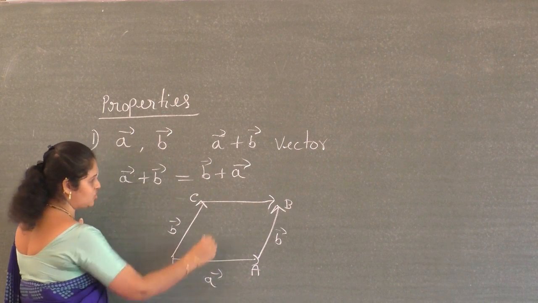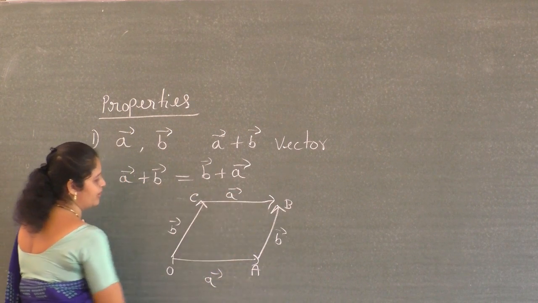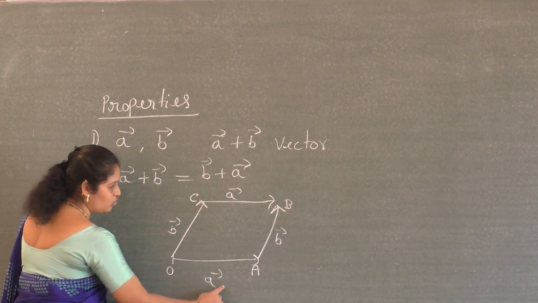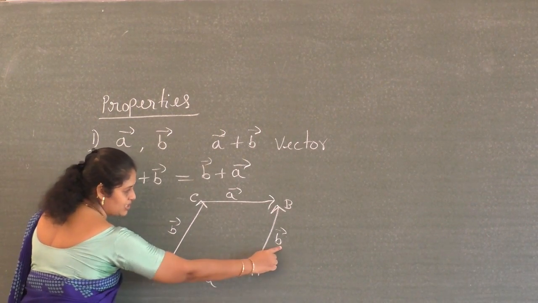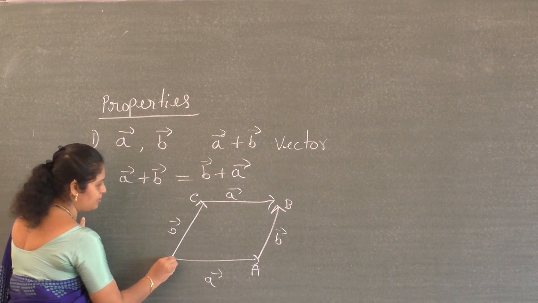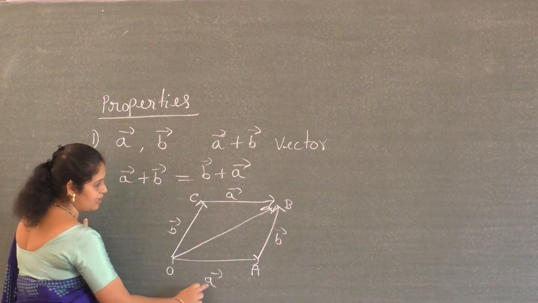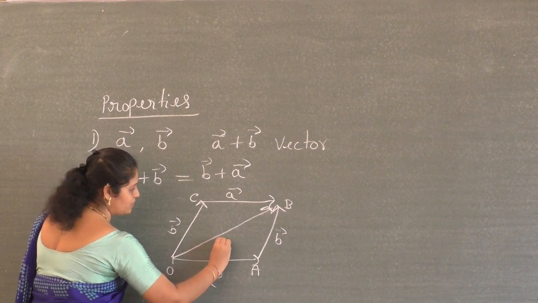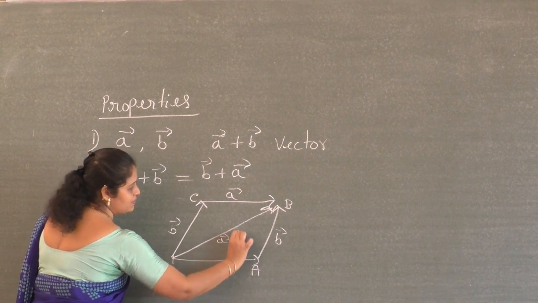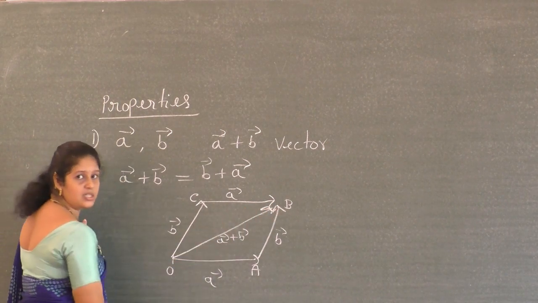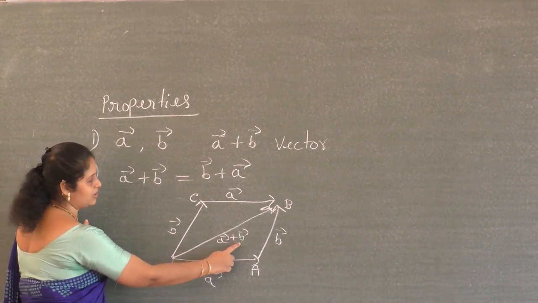Now I want to add vector A plus vector B. Applying the law of vector addition, vector OB is equal to vector A plus vector B.